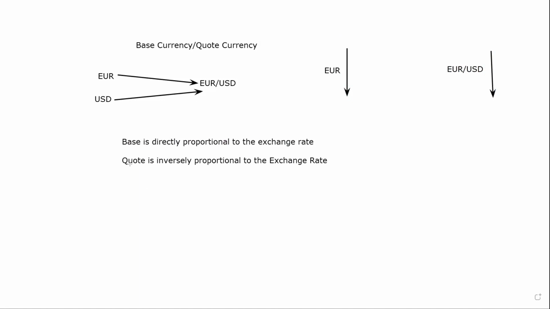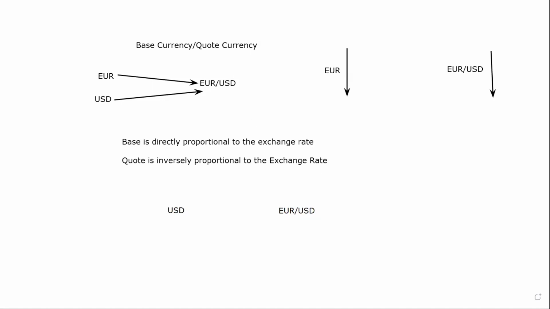Now the quote currency is inversely proportional to the exchange rate. Let me give you an example. In Euro USD, USD is the quote currency, so we write down USD and study its relationship with the Euro USD exchange rate.